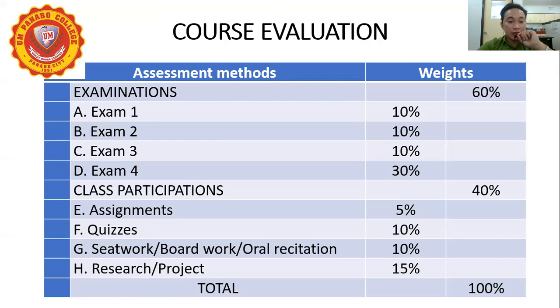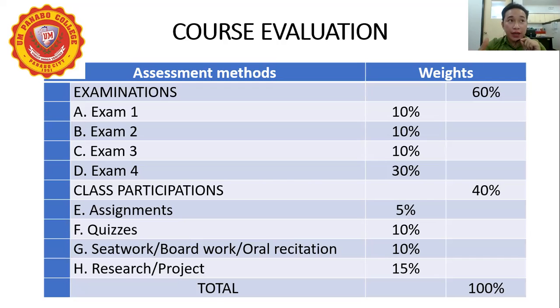And then your class participation, which is 40%, includes assignments at 5%. Your quiz is 10%. The seat work, board work, and oral recitation is 10%. So by the way, during our Zoom meeting or virtual class, I will give class participation while I am lecturing.